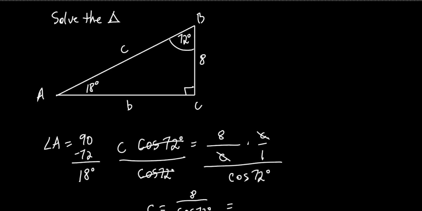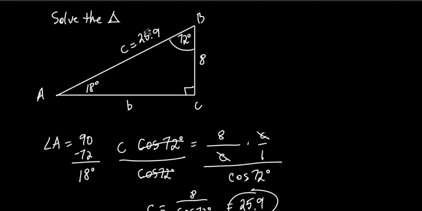So what's my answer? 25.88. Let's round it to one decimal place. 25.9. So that's what C is equal to. Now, what's the other thing we have to find? We've got to find B, don't we?